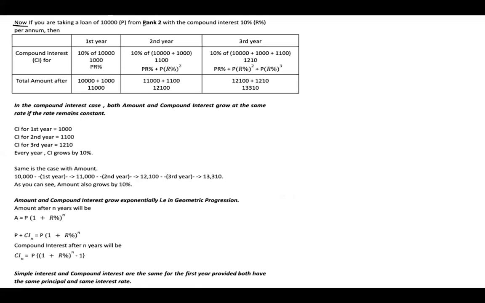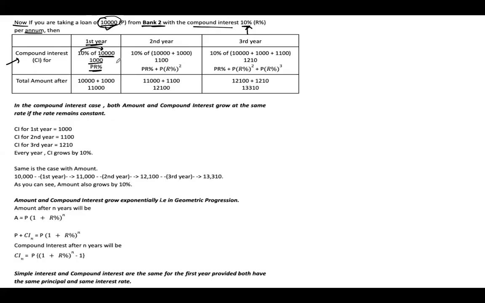Now let's say there's another bank in which you are depositing the amount with a compound interest of 10% per annum. So compound interest for the first year would be, whatever the amount that you have deposited, you'll get 10%, which is 1,000, which is nothing but PR percent.